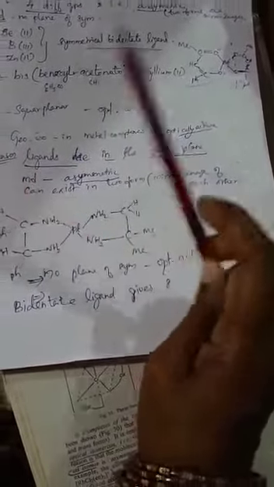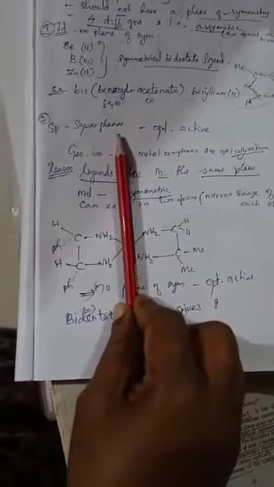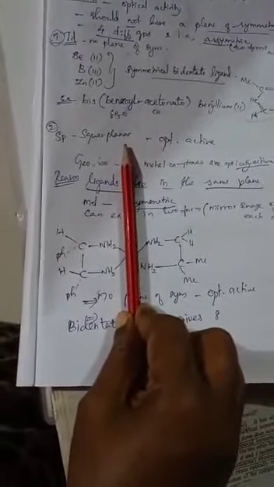If you look through this side also, this carbon has two methyl groups and here one hydrogen and phenyl group. Cutting into equal halves is not possible. Again, this carbon gets a different substituent. So here it is possible to have isomerism because there is no plane of symmetry, so it comes under optically active.